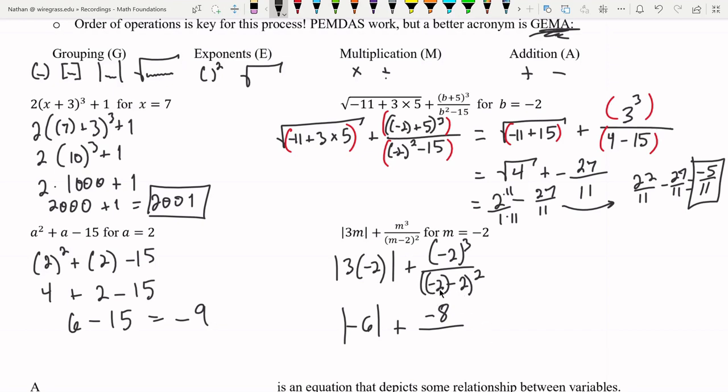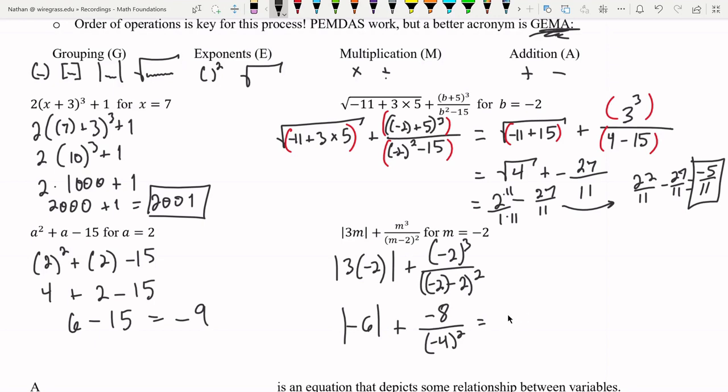And after you do this, negative 2 minus 2, we start at negative 2. We go left 2 more units. That's going to be negative 4. That's being squared. Okay, I still have to do this before I can do anything here. The absolute value of negative 6. Negative 6 is 6 units away from 0.